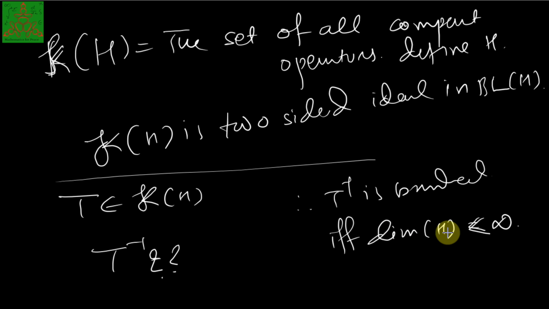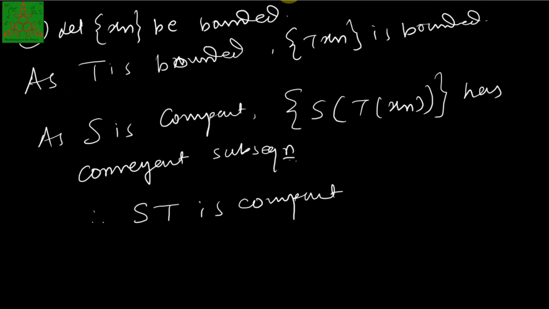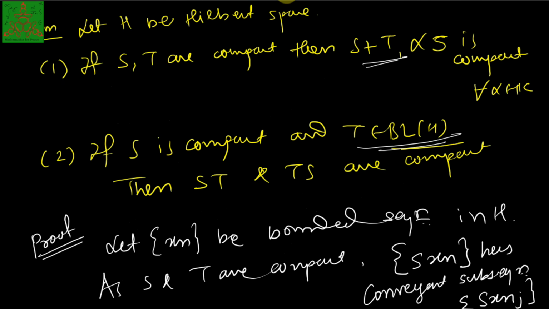Now to see this one, T is compact and T has an inverse, so that inverse exists. T inverse T is equal to identity. Now if I apply the result we have previously, we have S is compact and T is in BL of H. So ST is compact and TS is also compact.